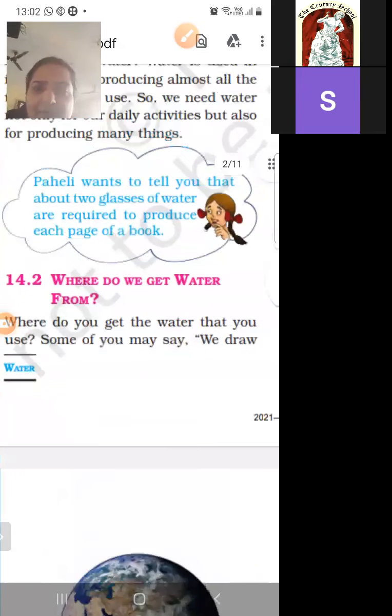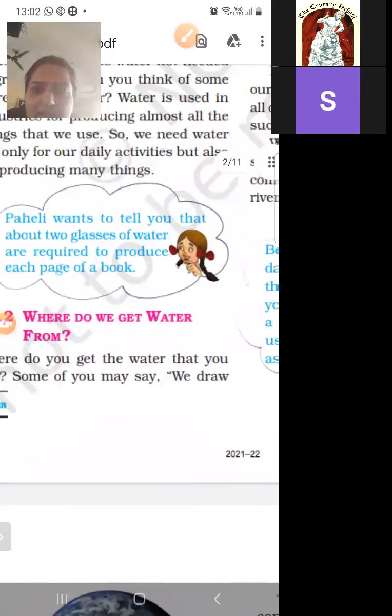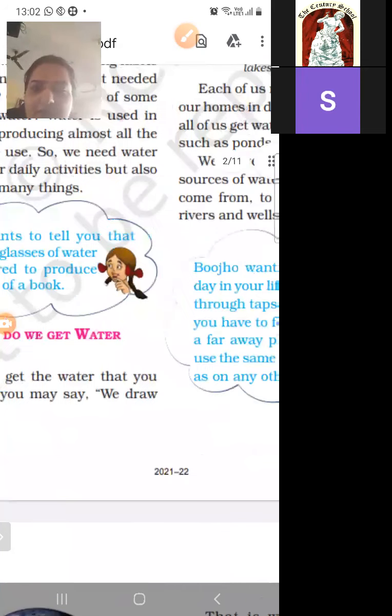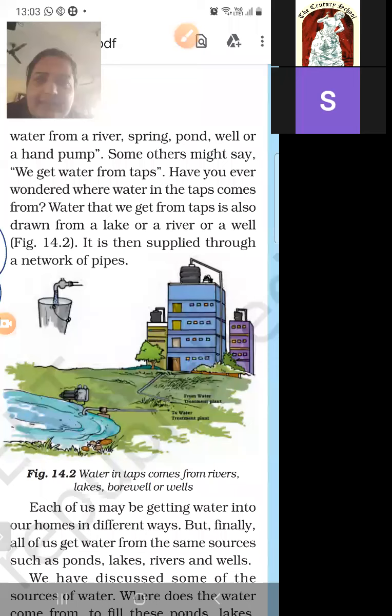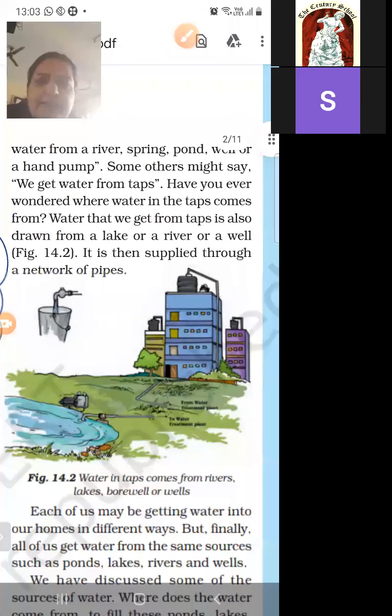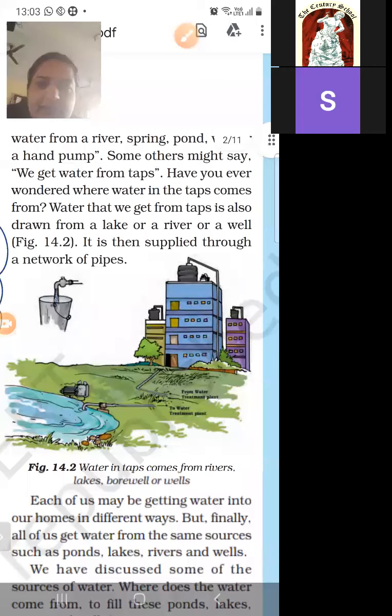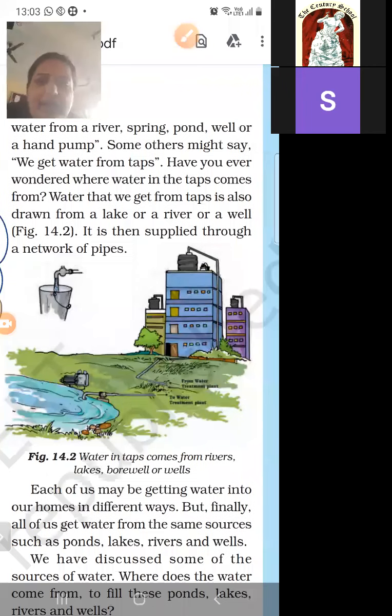So what are the sources of water? First is river, second is spring, third is pond, fourth is well and hand pump. So these are the sources of water. And where do we get water?